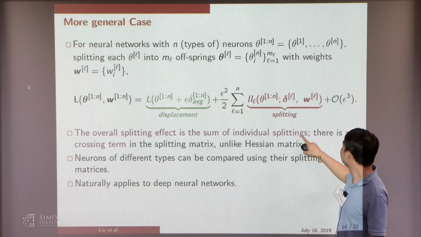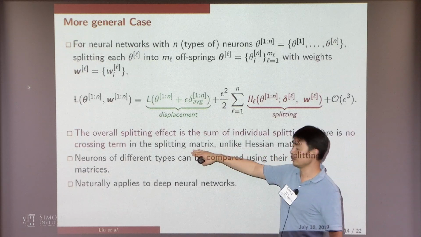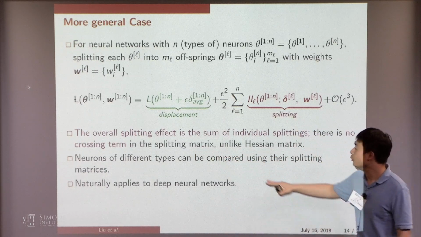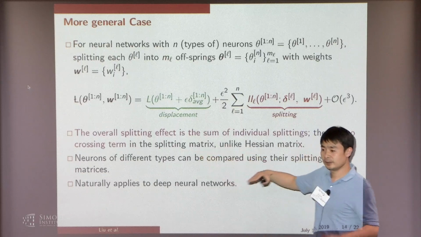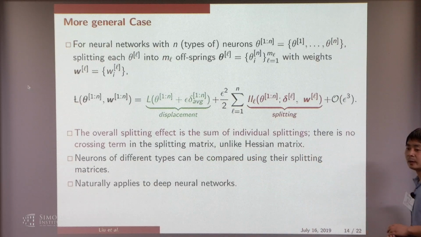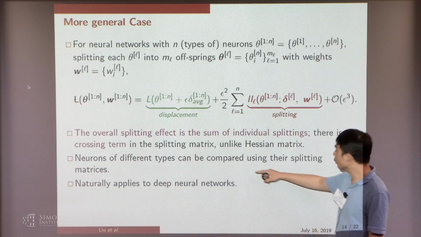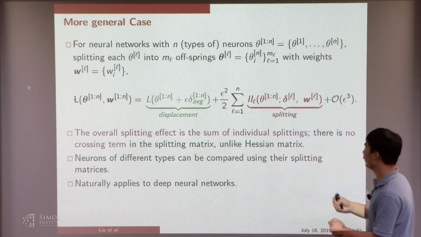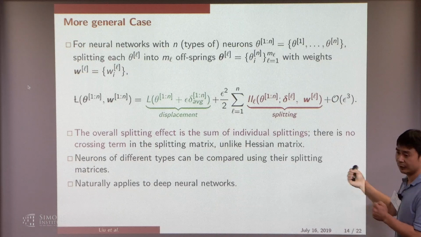Basically, it shows that there's no crossing term in the splitting matrix. This is another reason I'm saying the splitting matrix is the easy part of the Hessian matrix, because there's no crossing term. And this is the key, because now you can calculate all these things quite efficiently. You can also directly compare the splitting matrices of different neurons.